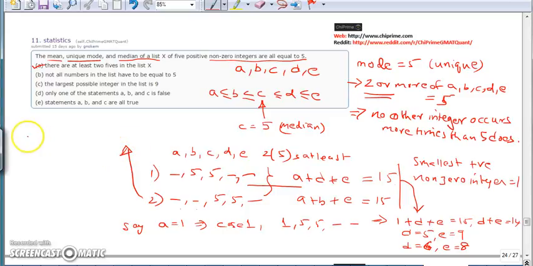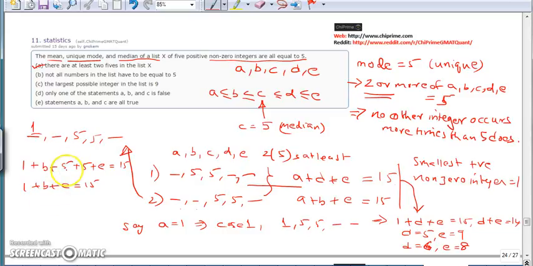Here we have blank, blank, 5, 5, blank. In this case, let's say A equal to 1 again. So we get 1 plus B plus 5 plus 5 plus E equal to 25, or 1 plus B plus E equal to 15.